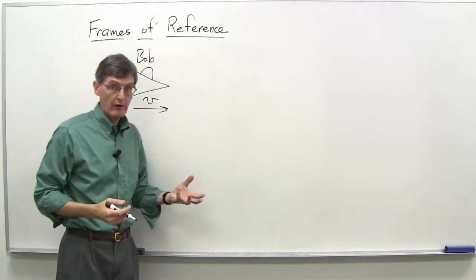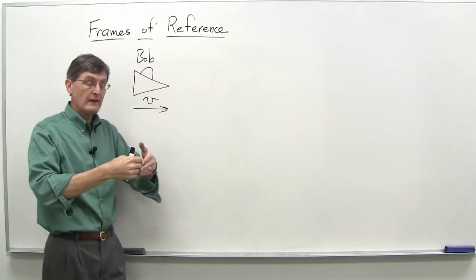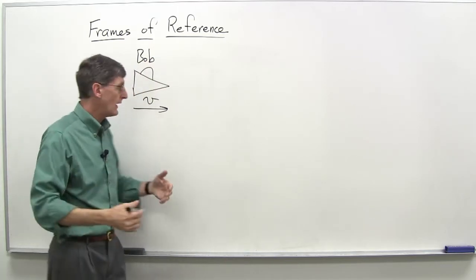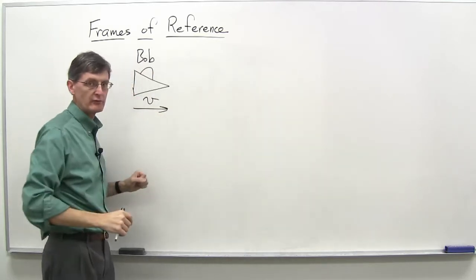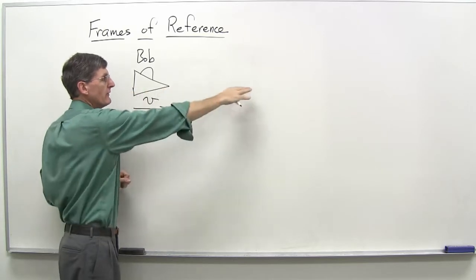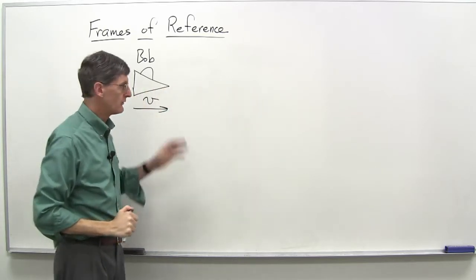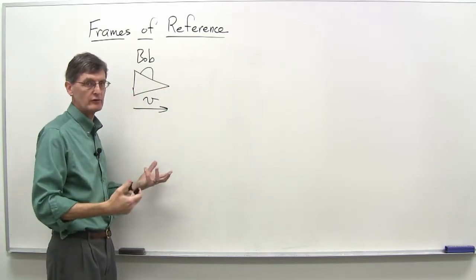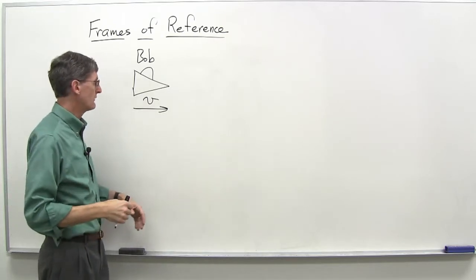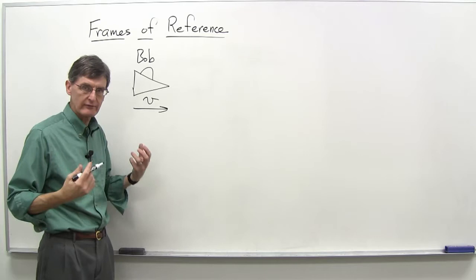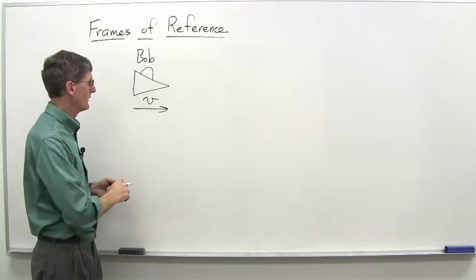Now remember, for Bob, as far as he's concerned, he's not moving. He has his whole grid or lattice of clocks all synchronized with each other, and so he can measure events in his frame of reference. He's in an inertial frame of reference because, as far as he's concerned, he is at rest there, and he can tell that because he doesn't feel any acceleration going on.